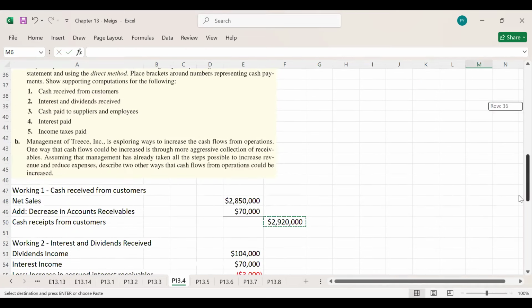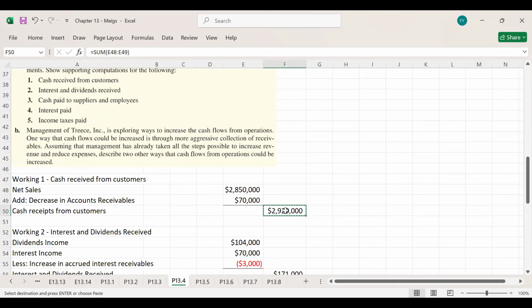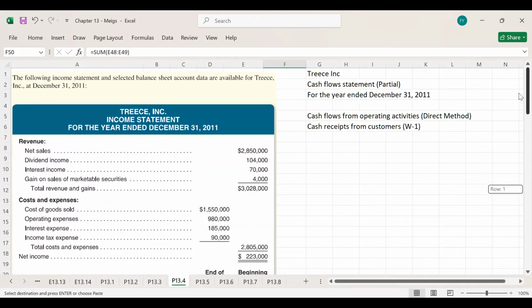Go to this one. So we are going to copy it. $2,920,000.